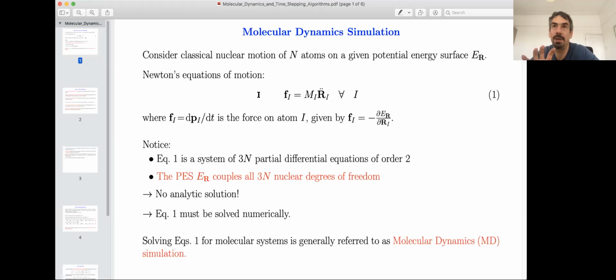And then you fix them in space and you don't care about them anymore. These nuclei create the external potential in DFT calculations, and then you try to solve the electronic Schrödinger equation for this nuclear configuration.